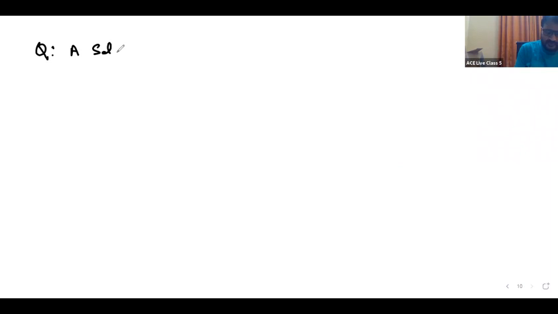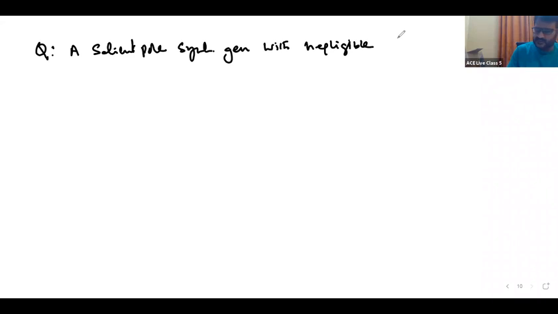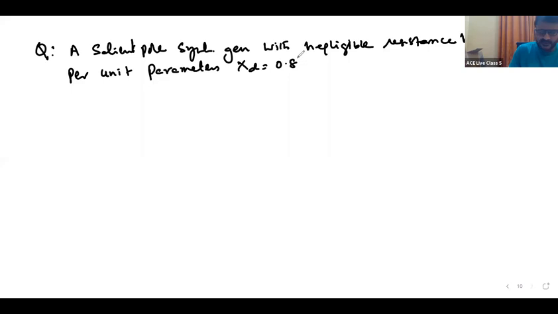A salient pole synchronous generator with negligible resistance has per unit parameters XD equal to 0.8 per unit and XQ equal to 0.5 per unit.